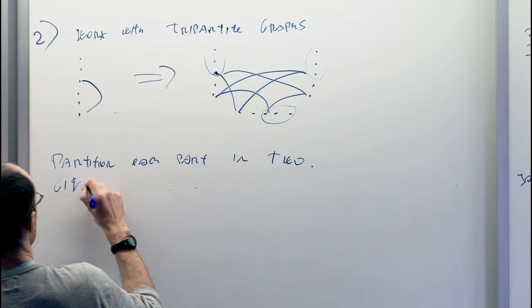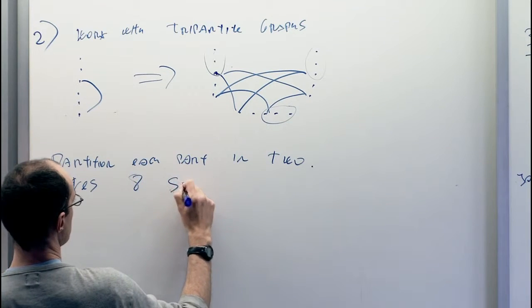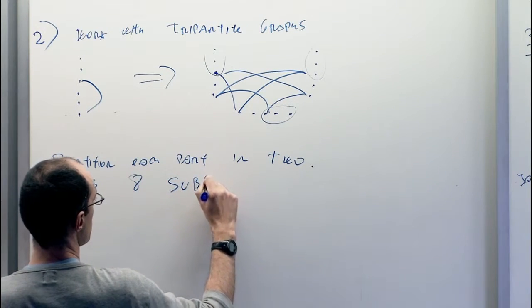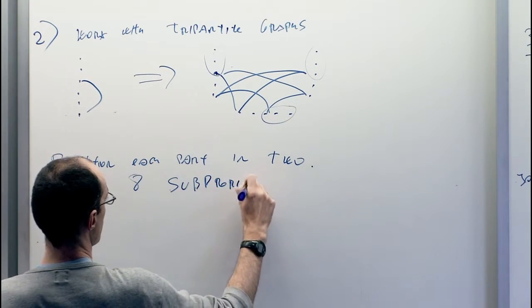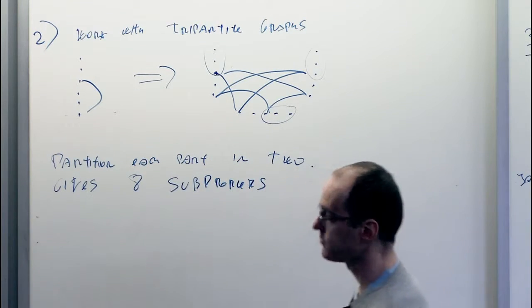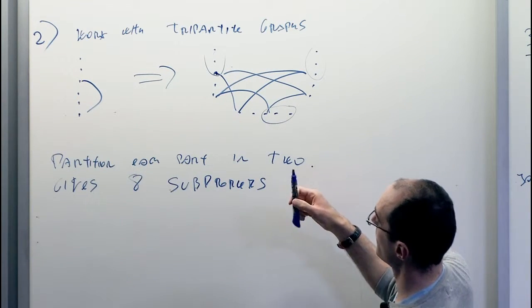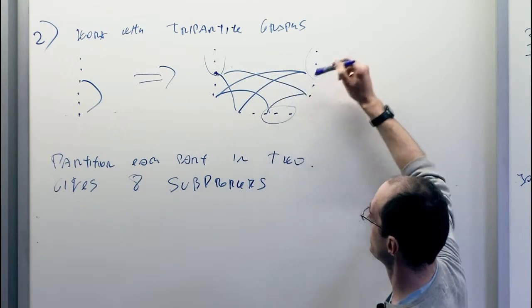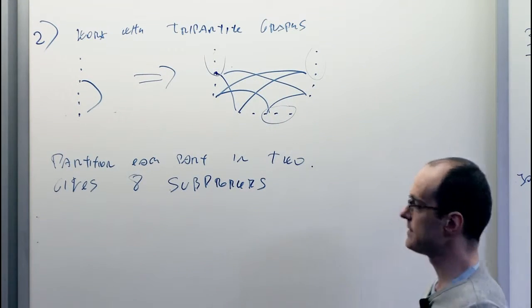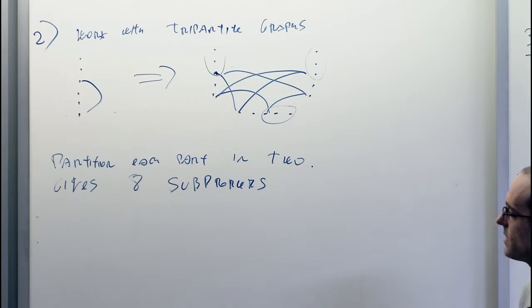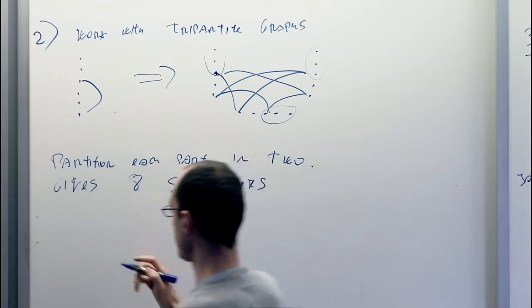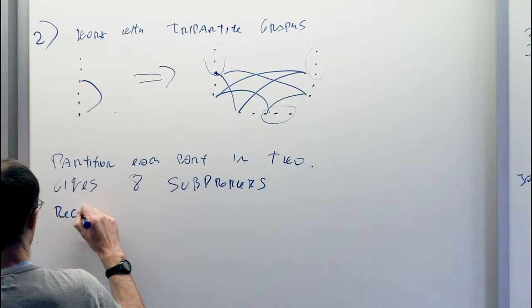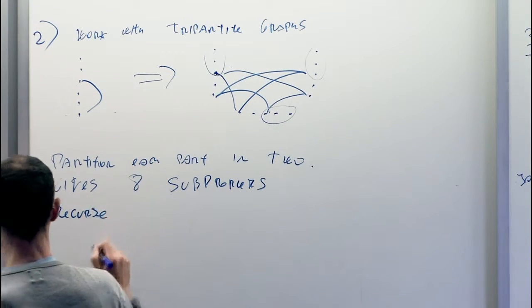This gives 8 subproblems. One subproblem would be the one with the edges whose endpoints fall here, here, and here, and there are 7 others. And then you recurse on each subproblem.